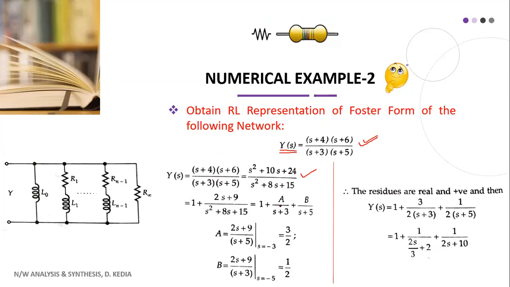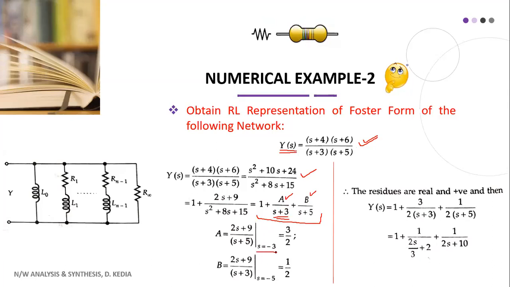Okay, so if you solve it using partial fractions, you will get this one: 1 plus A by s plus 3 plus B by s plus 5. Now we have to obtain the values of A and B. These will be obtained in the same fashion as in the previous numerical: for obtaining A, we substitute s equal to minus 3 after first multiplying with s plus 3.